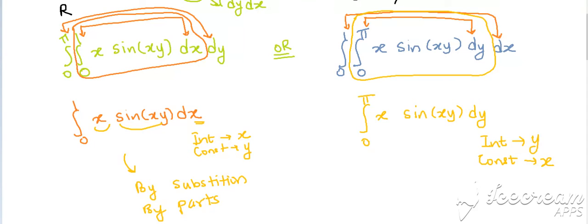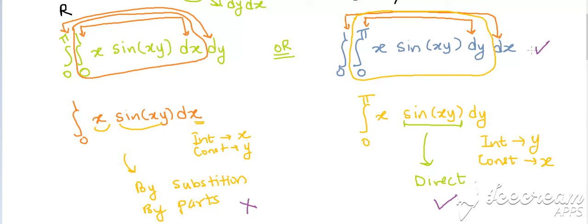Now when we start integrating this with respect to y, we can see that we have only this as a function of y. x is a constant, so this integral will be evaluated directly. Which is easier, solving the integral by parts or substitution, or direct integration? Obviously, I hope you all agree that direct integration is better compared to substitution or parts.